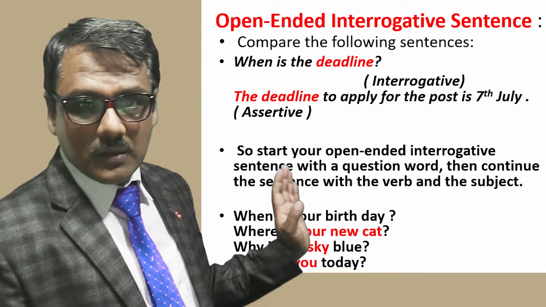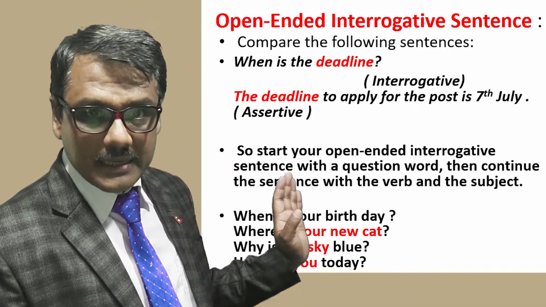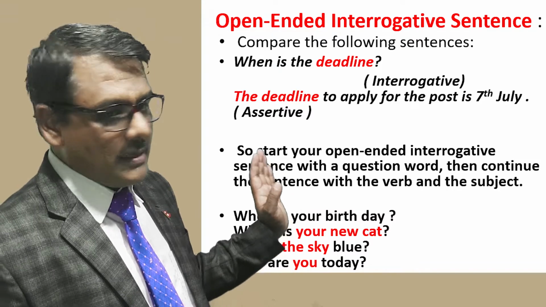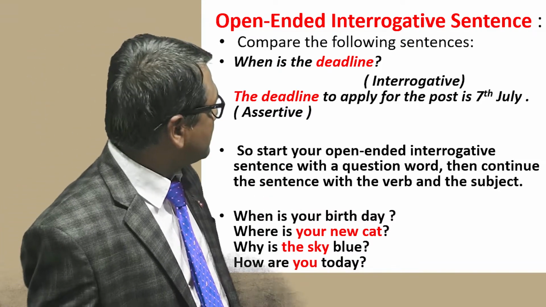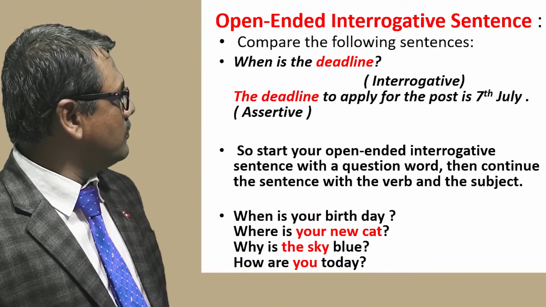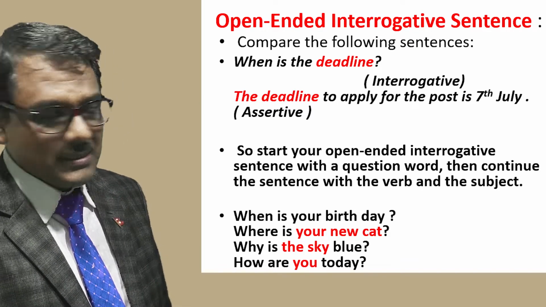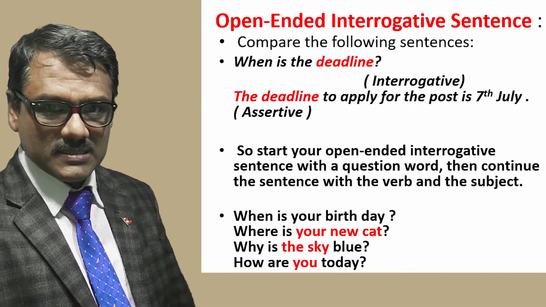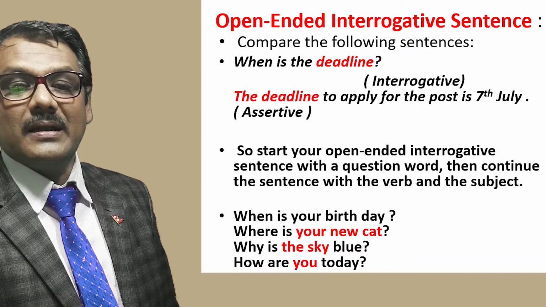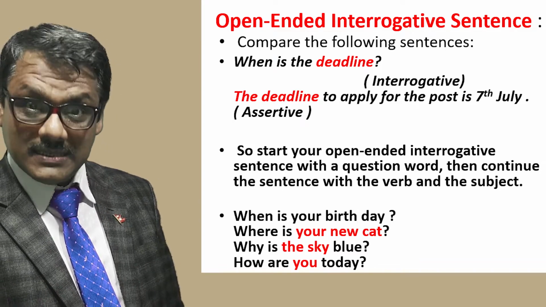Okay, I think you all can see the slide very clearly. Let's see what is written over there. Compare the following sentences. There you can see two sentences. Okay, they are, when is the deadline?